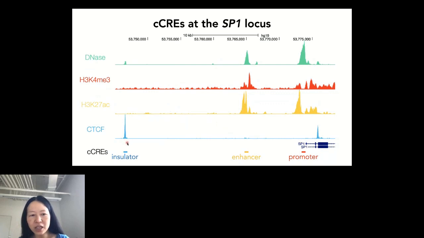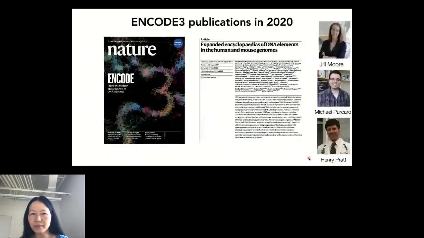And I mentioned earlier about insulator binding protein, CTCF. So what we do is we combine these epigenetic data to define candidate cis-regulatory elements, these like 300 base pair long regions in the genome that can be candidate insulators, enhancers, promoters. And that is what I mean by cCREs.